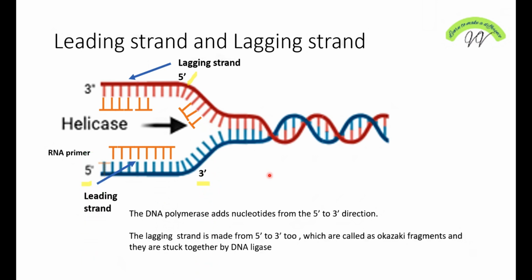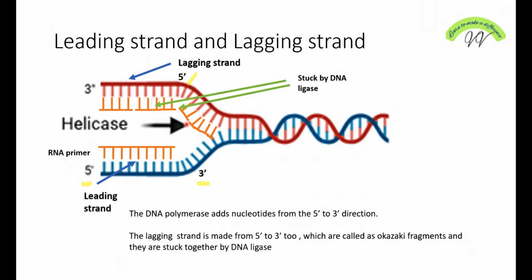The RNA primers are all removed and nucleotides are added in that position. Now these strands of DNA are stuck together by the enzyme known as DNA ligase. This is how the replication happens.